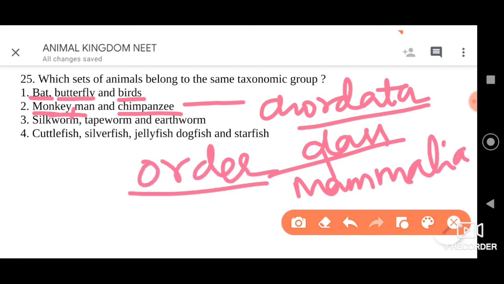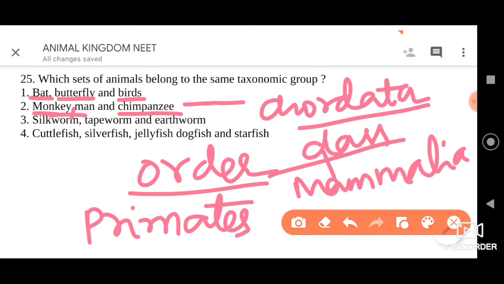So this might be the correct option, because monkey, man and chimpanzee all belong to Chordata. They belong to the same class Mammalia, and the same order primates.